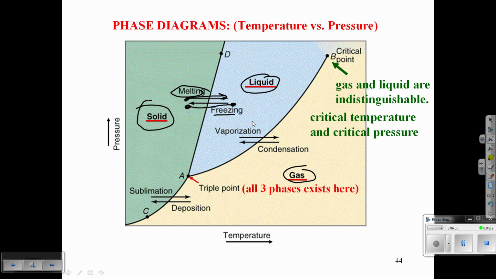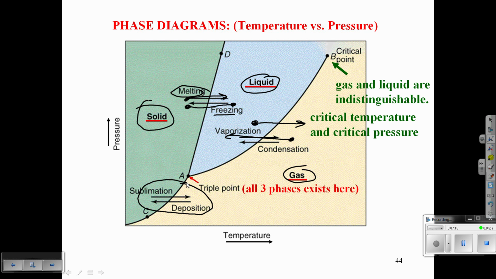If you go from a point here and travel across this way, that's called vaporization, going from a liquid to a gas. Again, a lot of this is common sense. If you have a point here and you travel this direction, that's condensation. Down here we have the other two phase changes, sublimation and deposition.